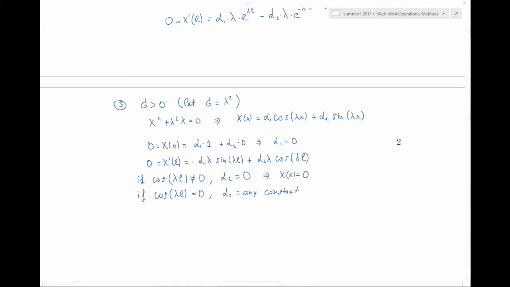And lambda L being 0 means that it has to be an odd multiple of pi over 2. So it's either pi over 2 or 3 pi over 2 or 5 pi over 2. This is n equals 0. And the odd numbers are usually written as 2n plus 1.